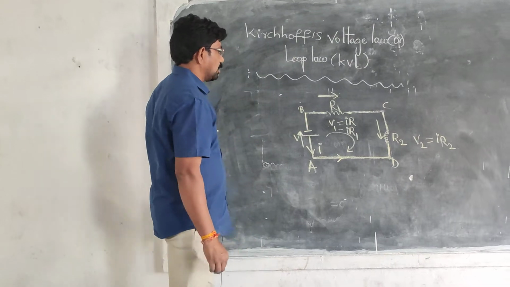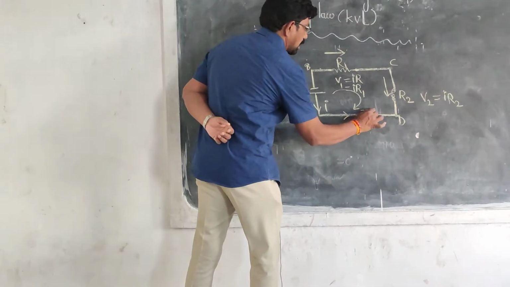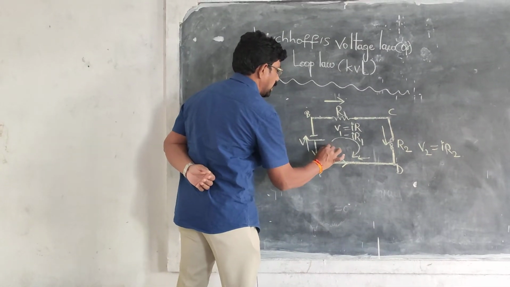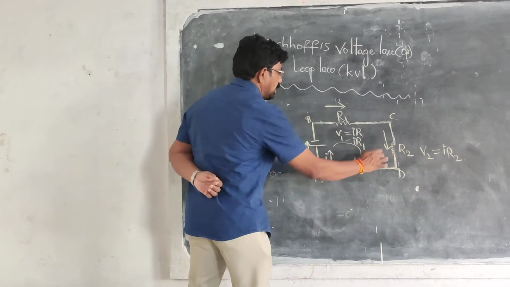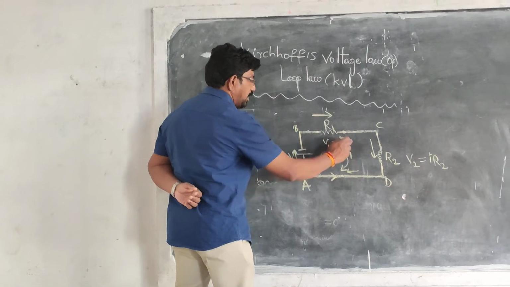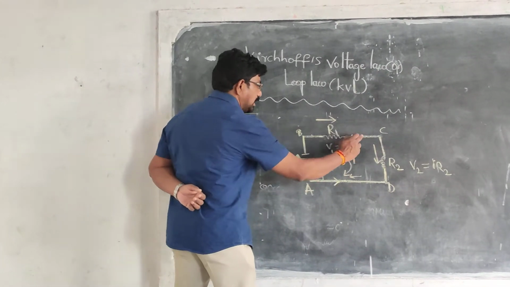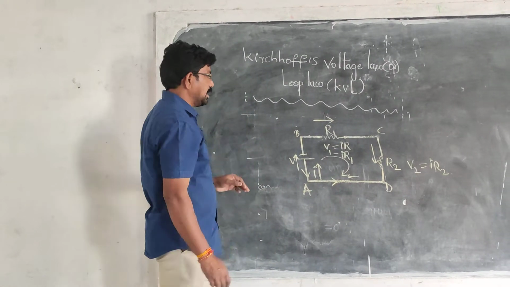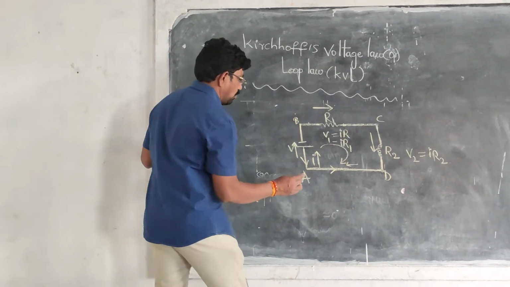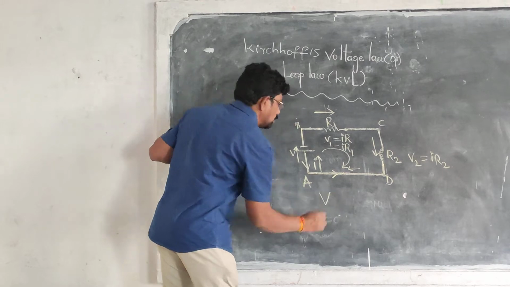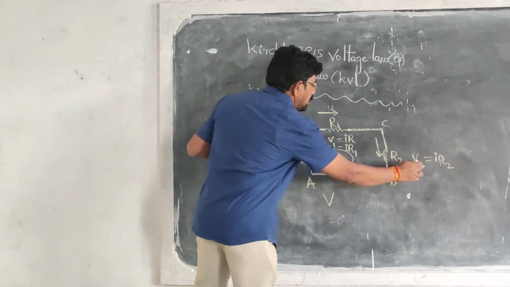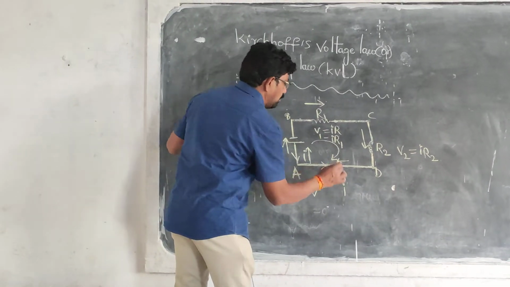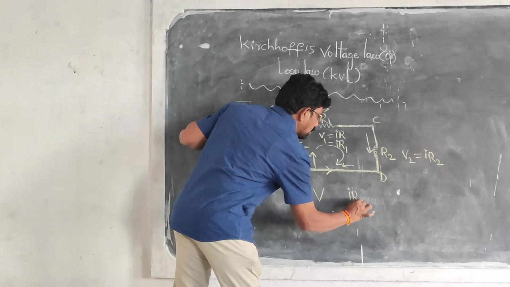Now see this. The current is flowing in this direction, the assumed direction. I am moving in the loop in the clockwise direction, which I have taken for my convenience. There are three components. One is the voltage source V. Another is V1, which is equal to IR1.